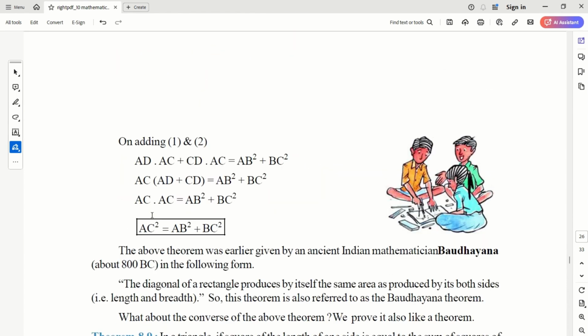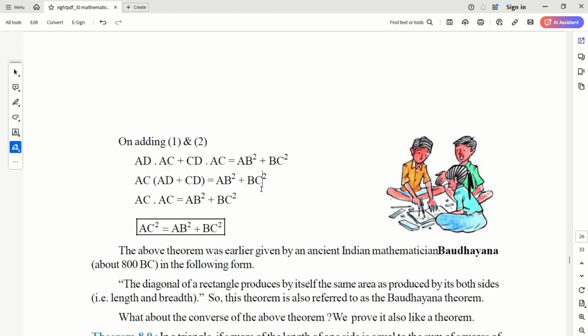So this is the proof of the Pythagoras theorem or the Baudhayana theorem. This is one of the ways. Several people proved it in several ways. This is one of the ways using similar triangles, which was also actually proposed by Pythagoras himself.